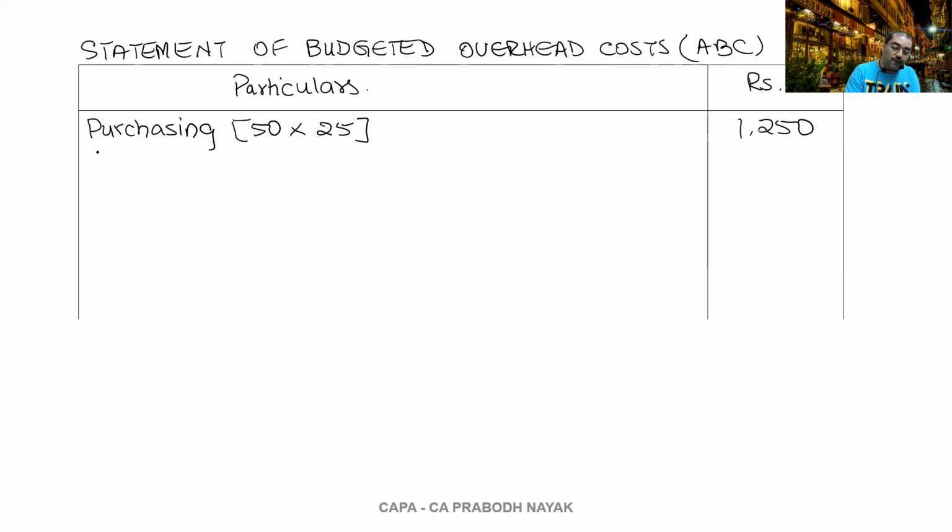Then we have selling expenses, selling overheads, where the rate was 40 rupees. This is on the basis of number of batches. How many batches will be there? Have they given number of batches?